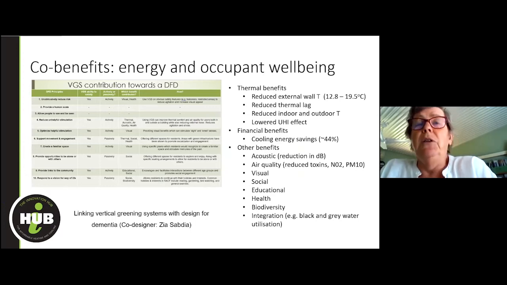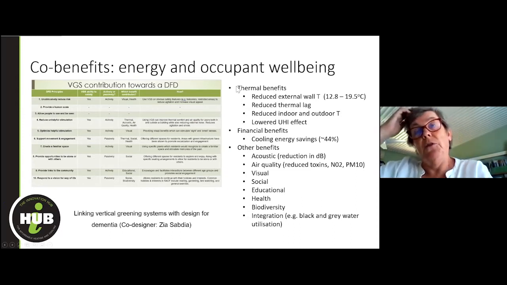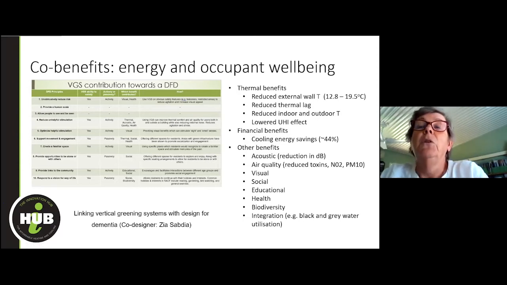So, a couple of samples of student works from this. This example is from a construction management student who is looking at the co-benefits of strategies that can have an energy impact as well as occupant well-being. He was looking at vertical greening systems, and first of all was looking at literature related specifically to subtropical regions and showing the thermal benefits, the financial benefits and other benefits of 4 different types of vertical greening systems.